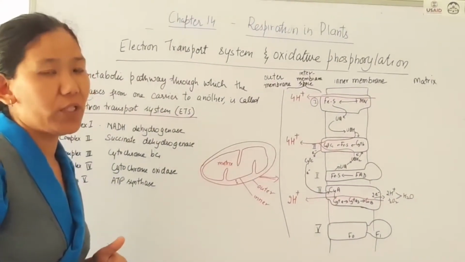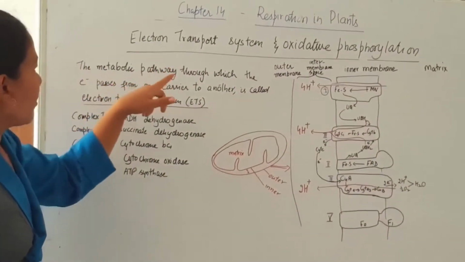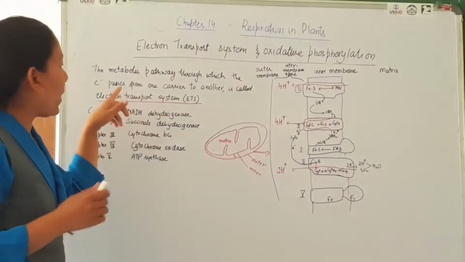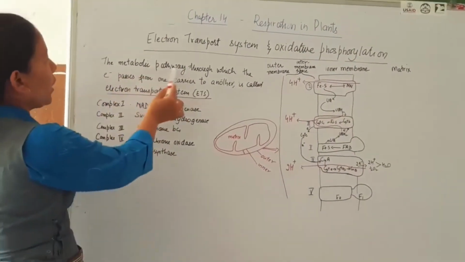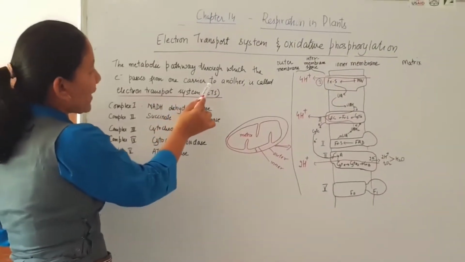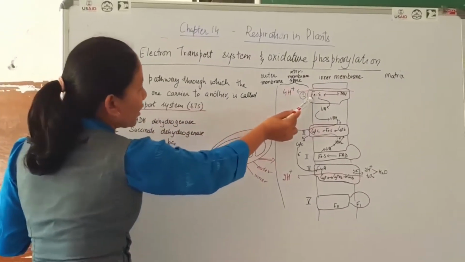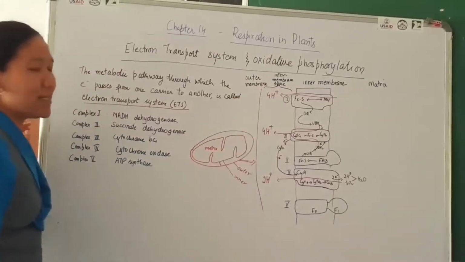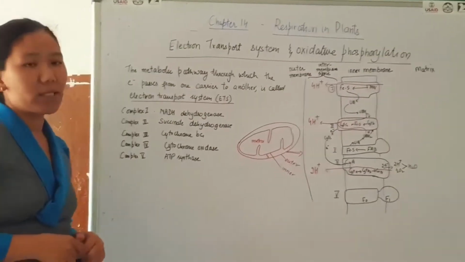Now there are various biochemical components placed on the inner membrane, and these form the electron transfer system. It is a metabolic pathway through which the electron passes from one carrier to another, and we call it the electron transport system.